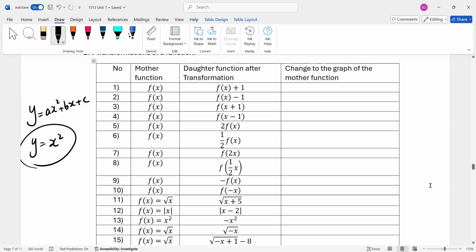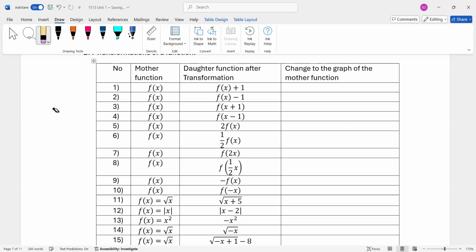Similar with other types of function, all right? So f of x here represents the mother function. We want to apply certain treatments, and those treatments are called transformations.